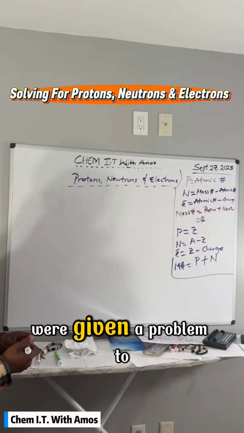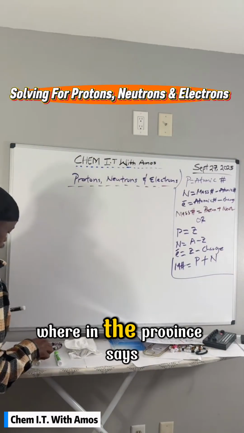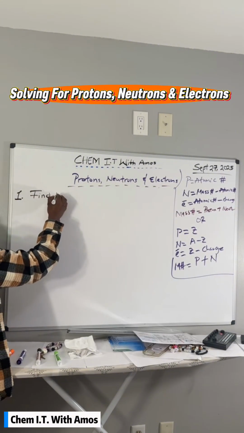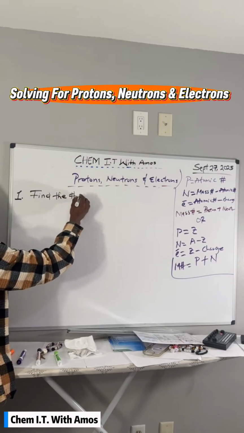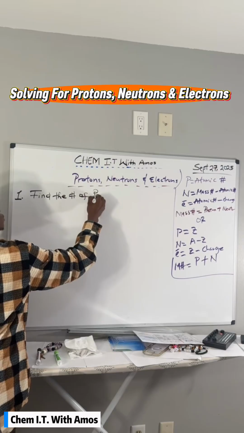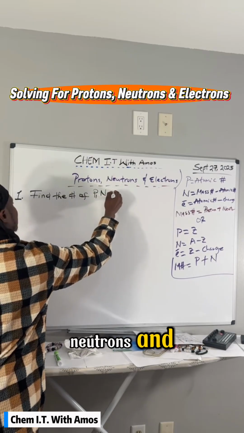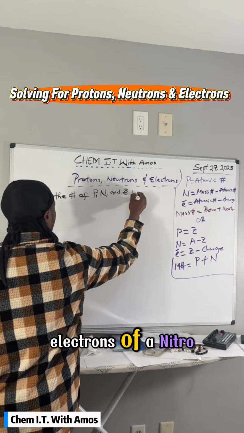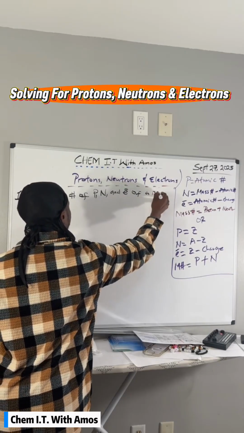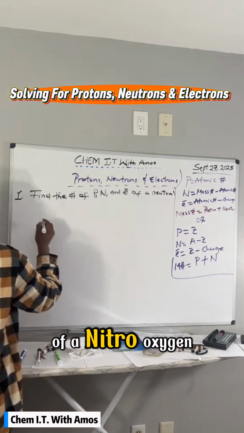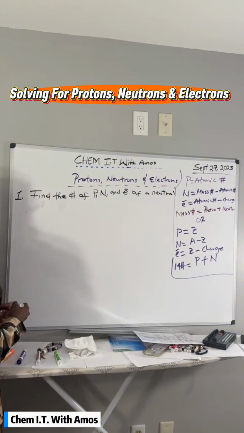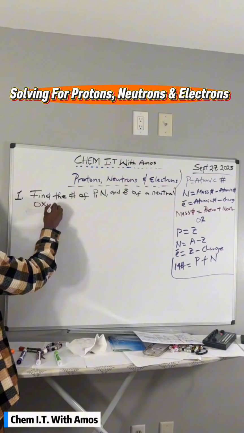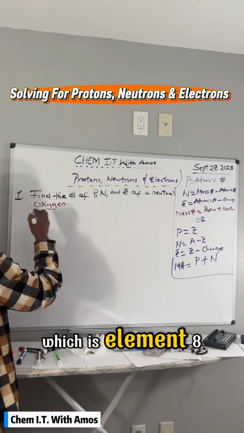Okay, so let's assume now we were given a problem. Let's say number 1 says: find the number of protons, neutrons, and electrons of a neutral oxygen, which is element 8.